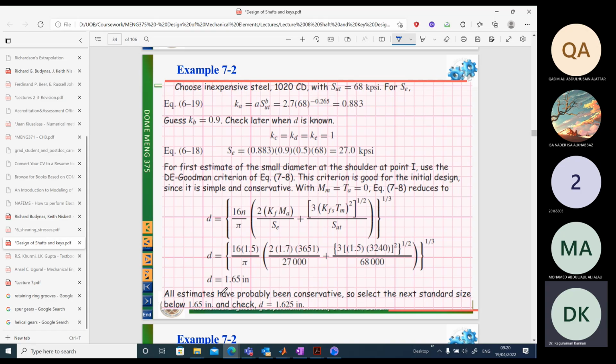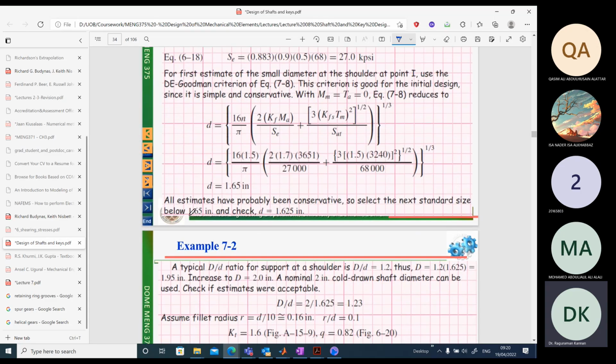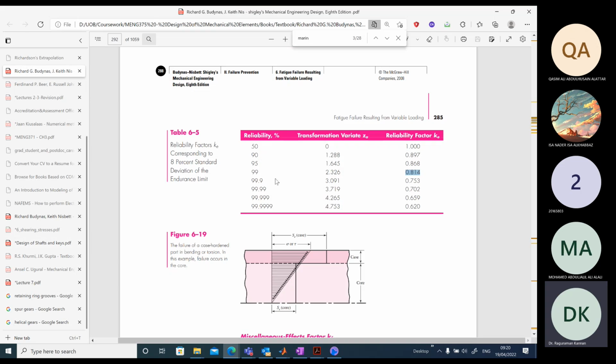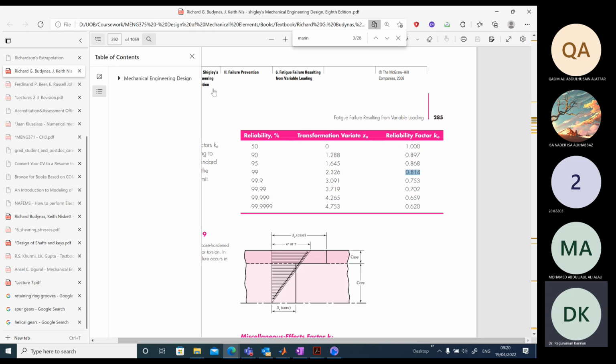Now, this is the calculated value, but in order to design a shaft, usually you must use some standard sizes. So where do we get these standard sizes? Let's see here. Go back to some appendix.